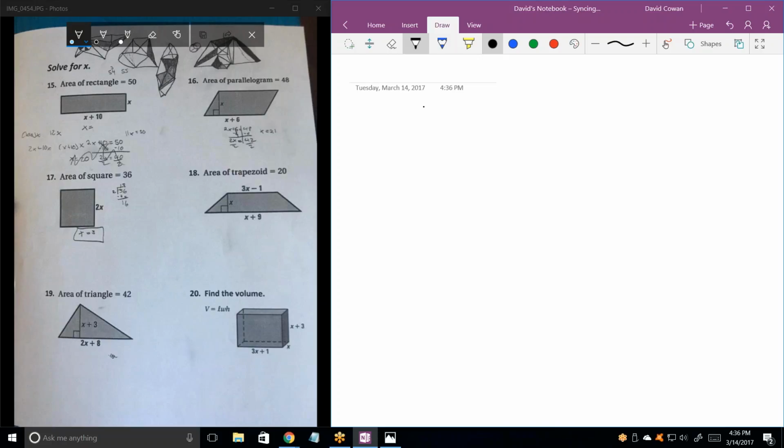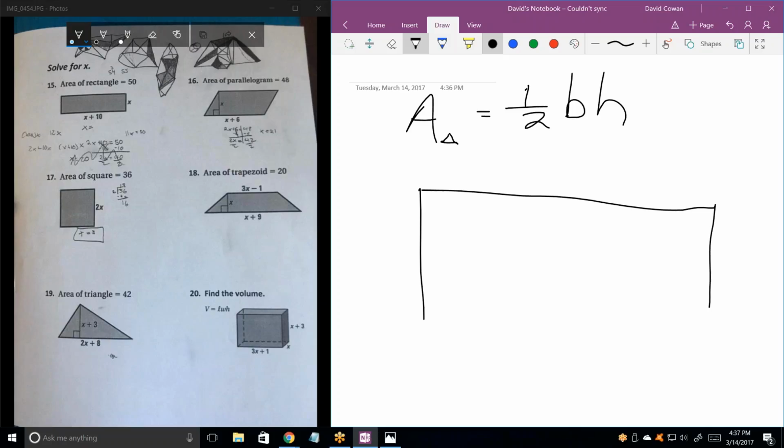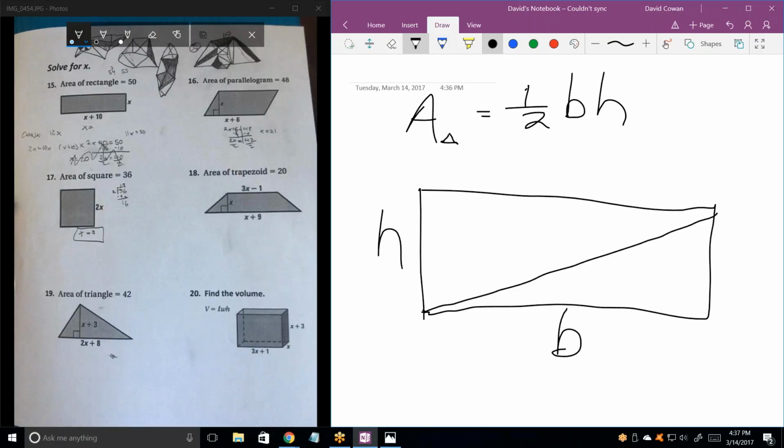It's the formula for the area of a triangle. The general formula is 1/2 of base times height. Let me show you why. If I take a rectangle, and that's base and that's height, if I put a triangle in there, it's always half of the rectangle.